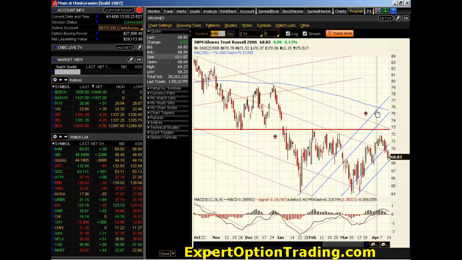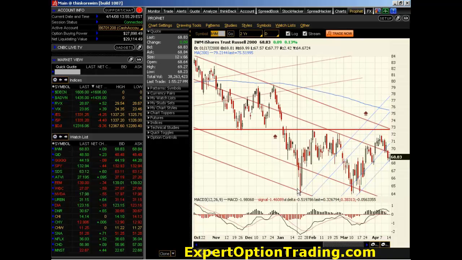I've also set up this little blue channel here, which, on the upper end, remember, support becomes resistance, resistance becomes support. This support down here I put at the upper trend channel line. It looks like it hit it here and bounced off, and it came back down through and then hit this lower support blue line.